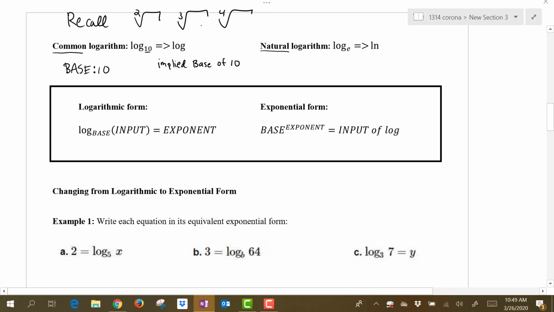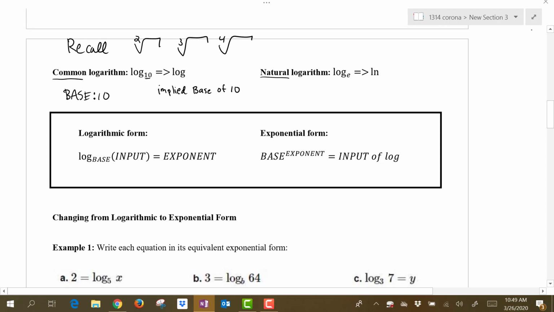So we can think square root of 2 with the 2 there, but when we actually go and write this, we do not write the 2. The way that you write it is always the radical symbol without the 2.